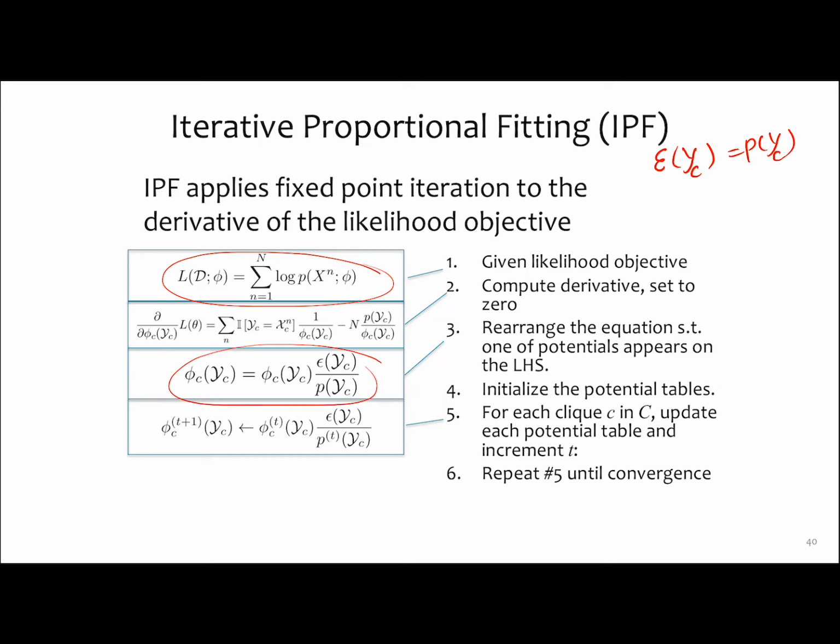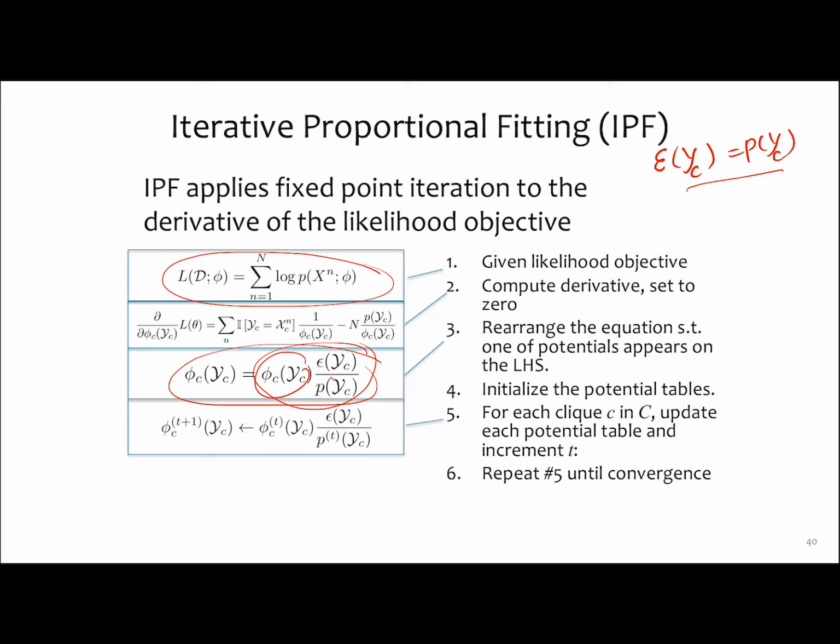I can multiply and divide by phi c to get something that looks like a fixed point iteration. At the optimal, I'm just writing the same thing here, just multiplying both sides. Now, if I want to do the fixed point trick, I can compute the right-hand side, put it in the left-hand side, and do it until you converge.